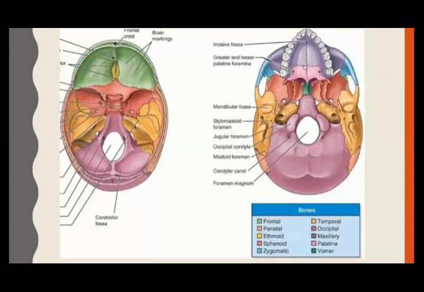The palatine bones anteriorly then meet the maxillary bones that form the base.